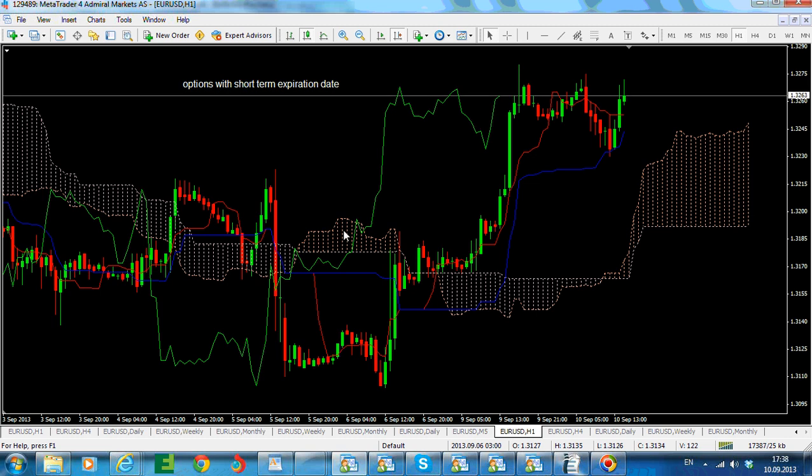Two-minute expiration date, 5 minutes expiration date, up to 1 hour expiration date can still be employed with this 1 hour chart. You might say how it is possible to trade 2 minutes expiration dates on the 1 hour chart.